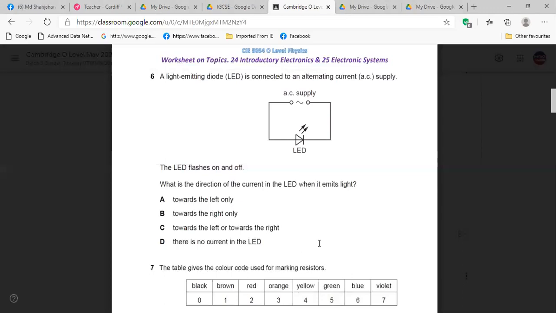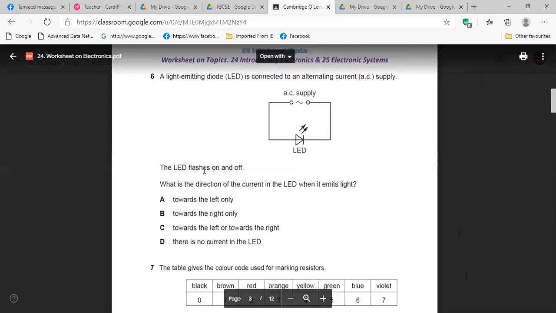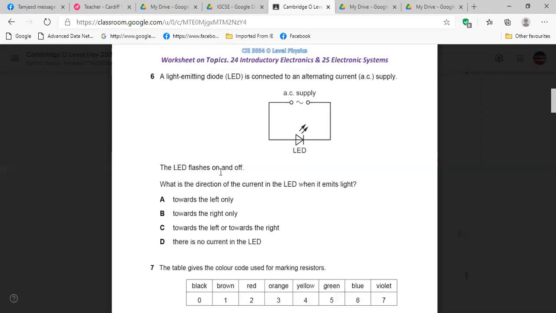An LED is connected to an alternating current supply. The LED flashes on and off. What is the direction of the current in the LED when it emits light? So if it flashes on, then it emits light, right? That means it's in forward bias.